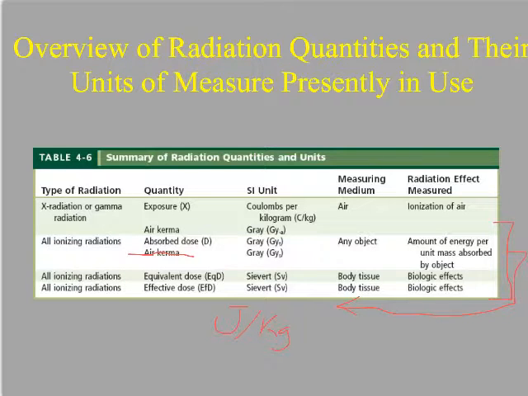It's a special unit within the SI system of work done per kilogram of something, right? The only thing that changes from unit to unit is what that kilogram of something is. When we're just talking about exposure, it's a kilogram of air. When we start to talk about effective dose or how it's absorbed in tissue, it's a kilogram of tissue.